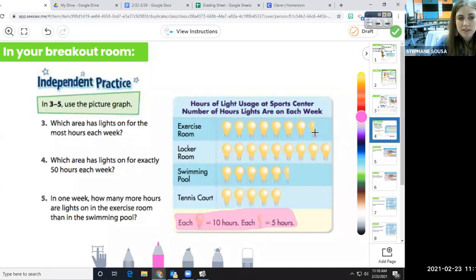Exercise room stops here. Locker room goes all the way to the edge. Swimming pool stops here. Tennis courts stop here. So we can see that the locker room has more light bulbs representing more hours. So which area has lights on for the most hours each week? That is the locker room.